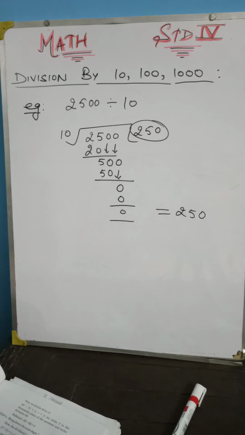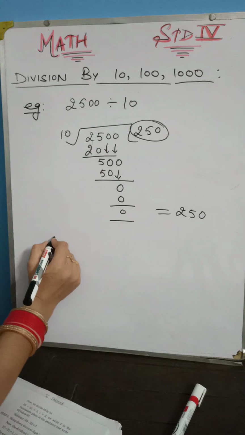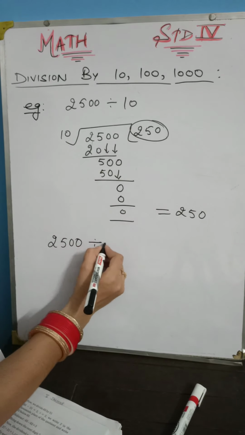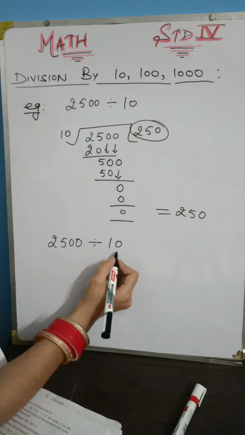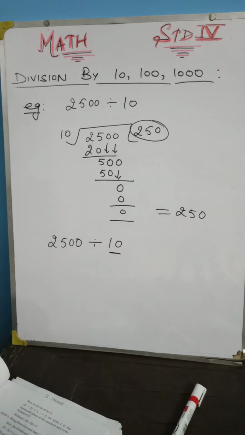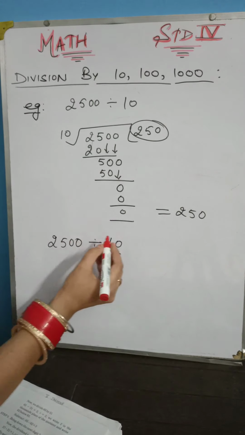But if we need to give answer quickly, there is one shortcut. What is a shortcut? Say you have 2500 divided by 10. Just look at this number. How many zeros we have? We have only one zero.